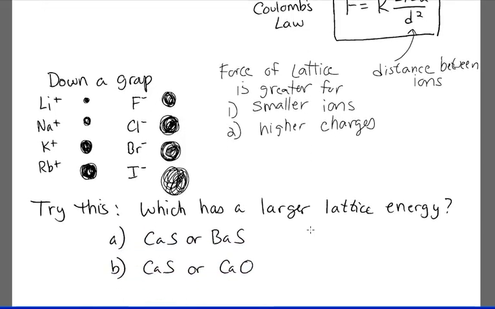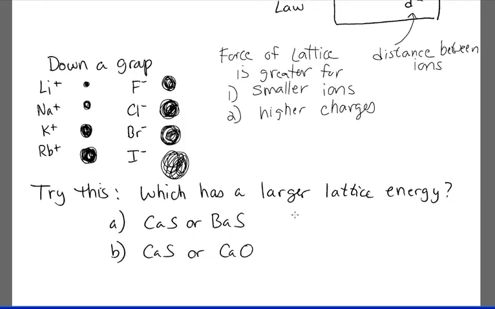You can look at trends on the periodic table and make some predictions about lattice energy. For instance, these here. Look at calcium sulfide and barium sulfide, and you can predict which one will have a larger lattice energy. Barium and calcium are in the same group, and of course we have sulfur bonded to both of them, so there's no difference there.